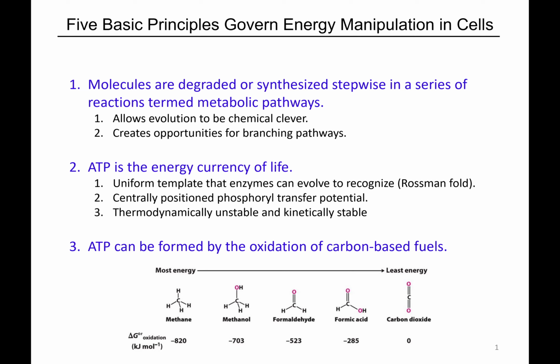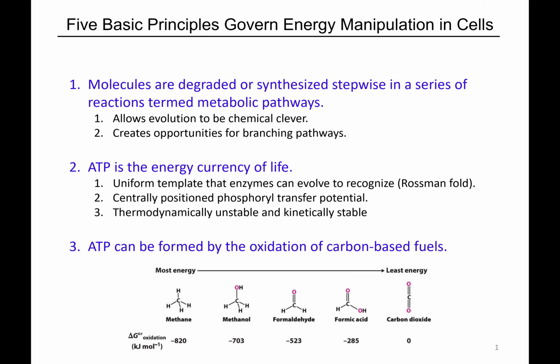The first one is that molecules are degraded or synthesized stepwise, right? And these are our metabolic pathways. We didn't dive too deep into this because we're going to spend a lot of the semester talking about this, but 2 points pop out to me that I think are really worth knowing. One is that honestly, it allows for evolution to be clever, right?